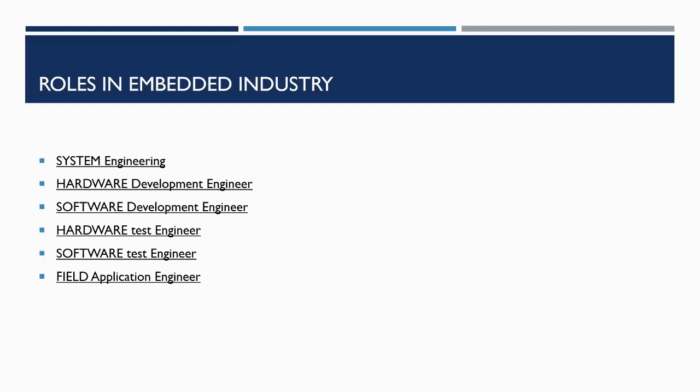Now to do this documentation, there are certain documenting tools we have, such as Polarion, the Confluence tool, and IBM DOORS. And even a smaller version, we have Excel sheets.